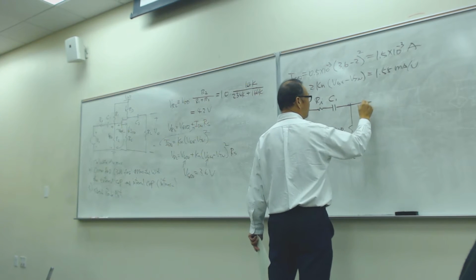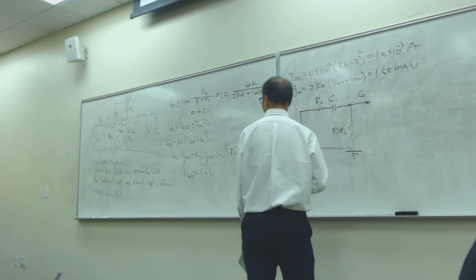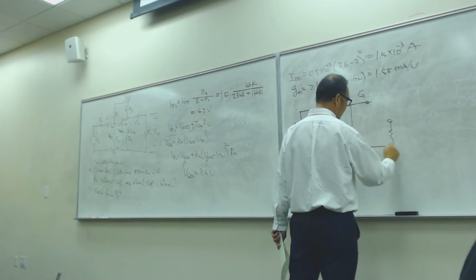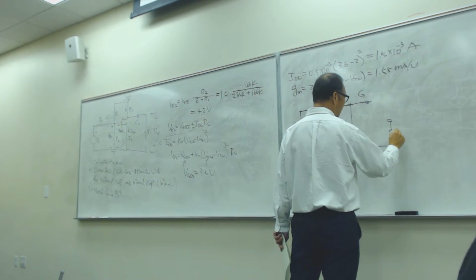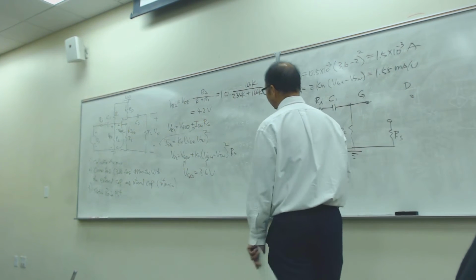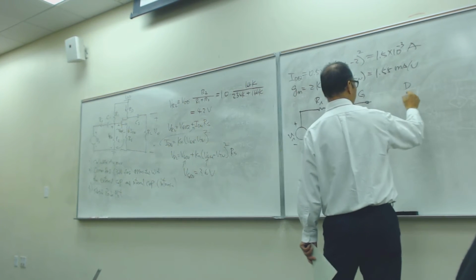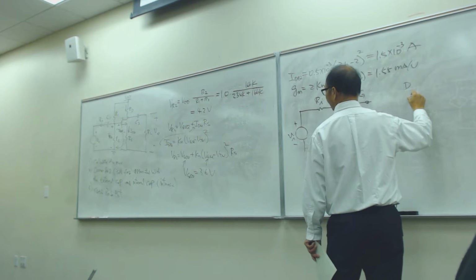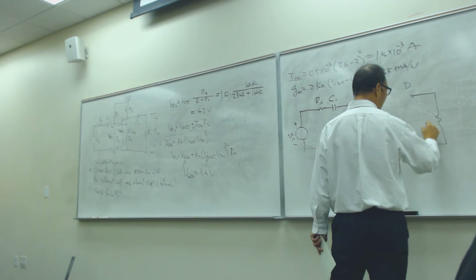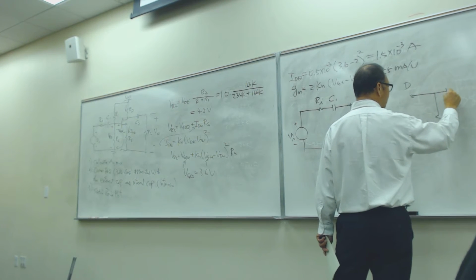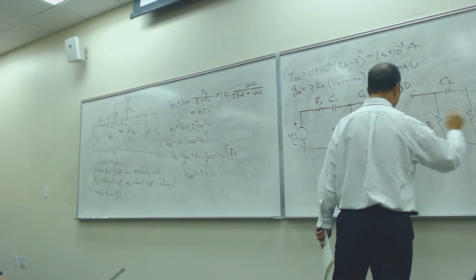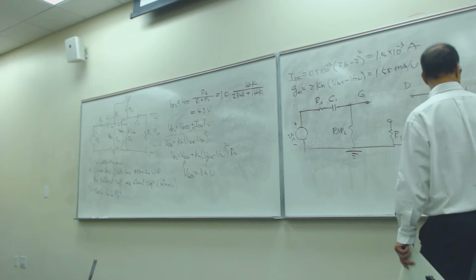And then this is connected to the gate of the MOSFET. The source is RS, right? The drain is connected to R sub D to the ground, and then you have C sub 2, and then you have R sub L, yes? So that's V sub O.